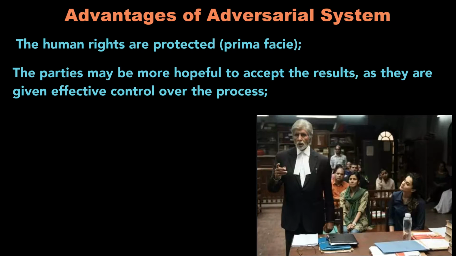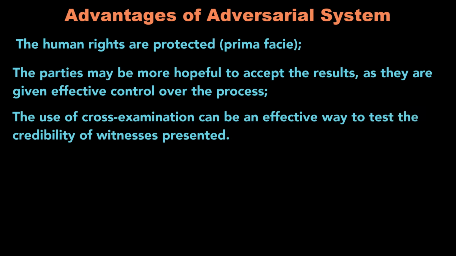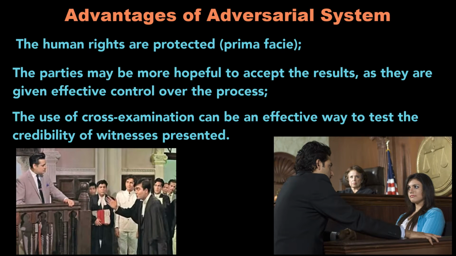What does it mean? Since parties have the freedom to provide all the details, evidence, facts, eyewitnesses, parties remain hopeful. Lastly, the use of cross-examination can be an effective way to test the credibility of witnesses presented. So these three are the important advantages of the adversarial system.